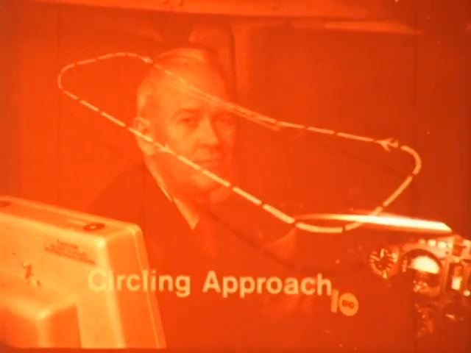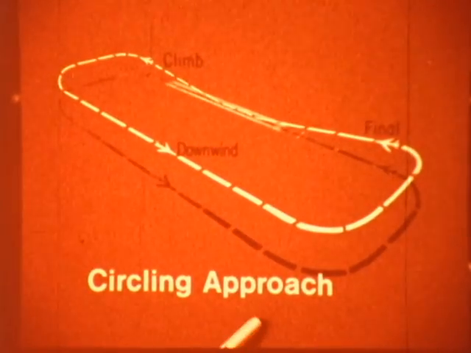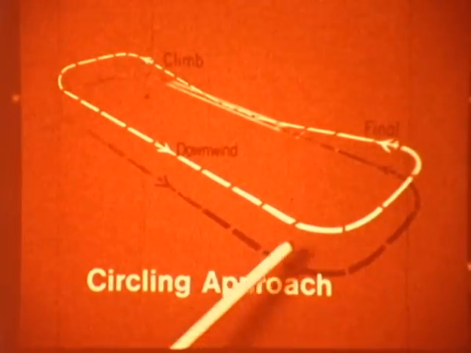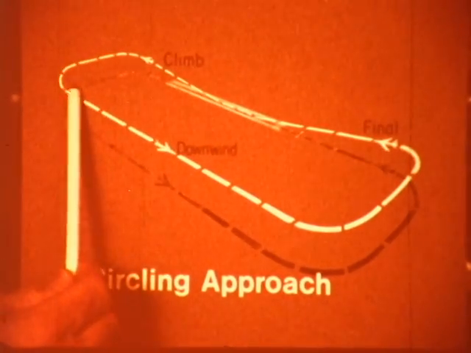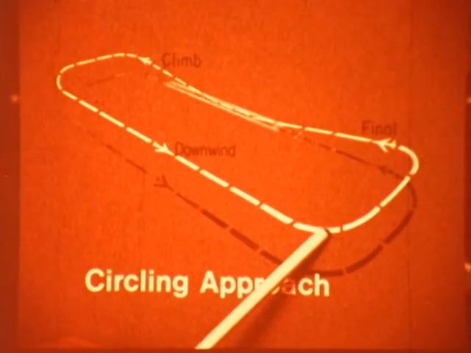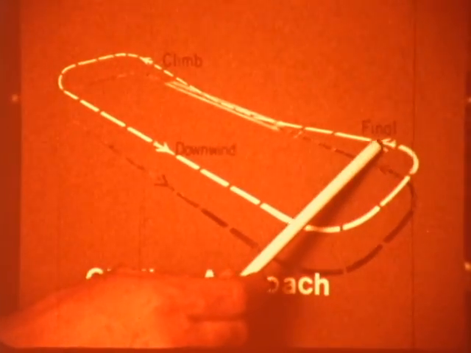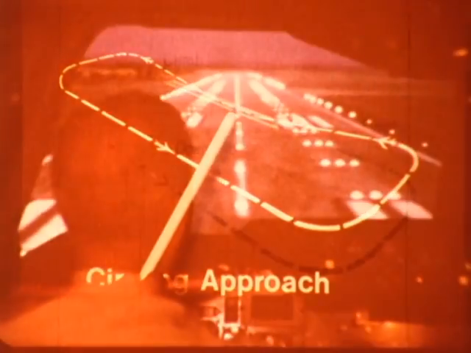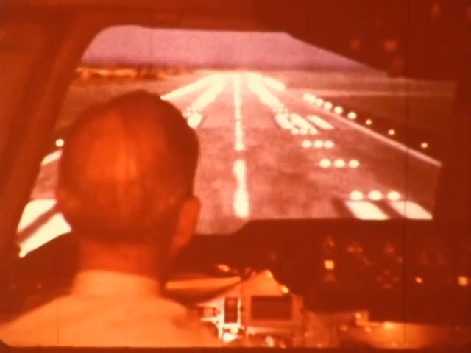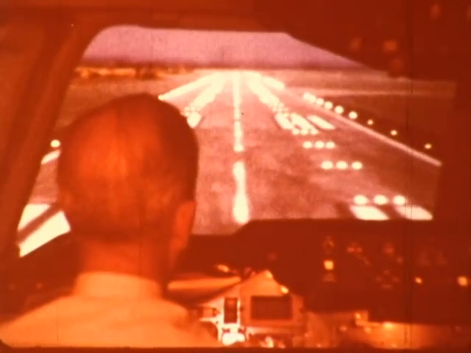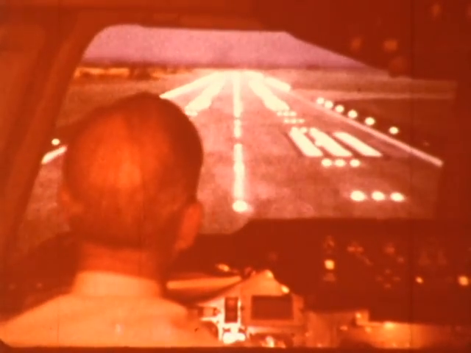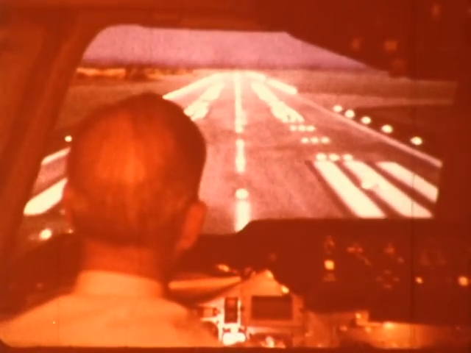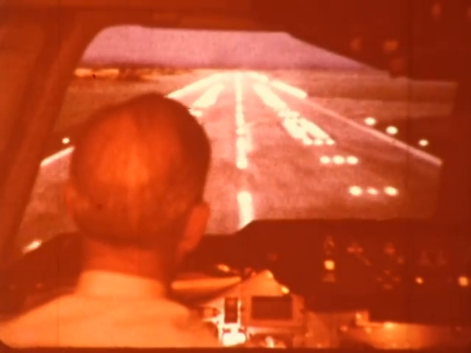Welcome aboard. Our first maneuver will be the circling approach as demonstrated by the takeoff and climb, downwind leg, base leg, turn on to final, and land. During the takeoff roll, our captain uses ground reference cues to maintain runway alignment.